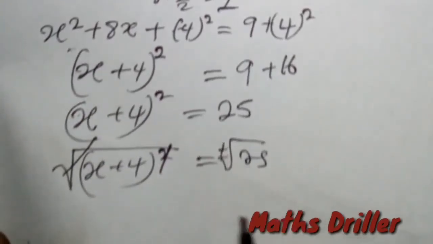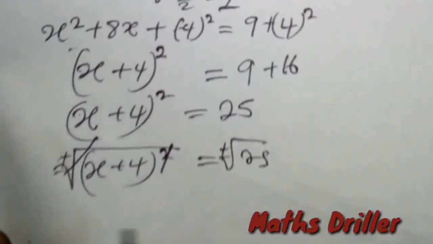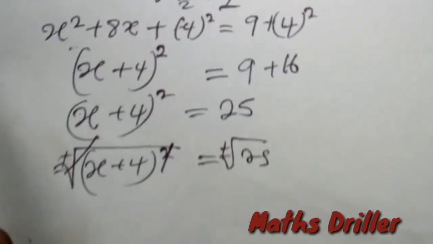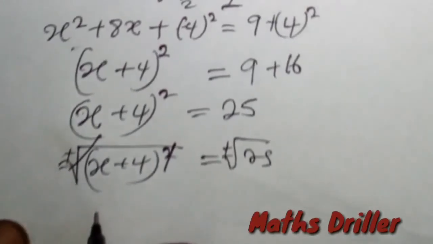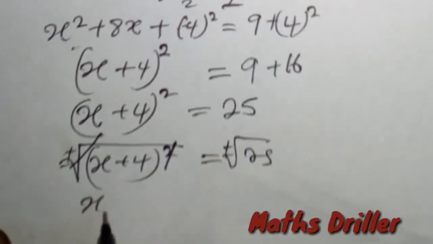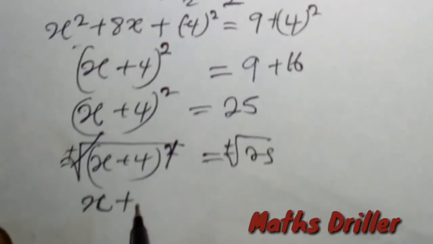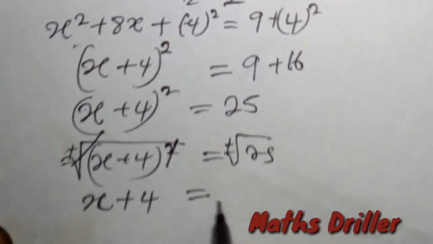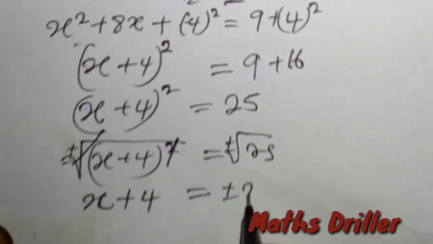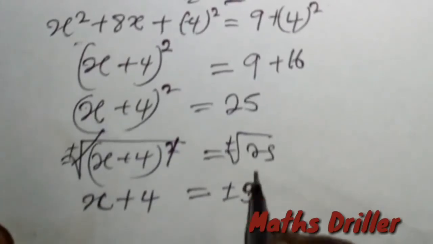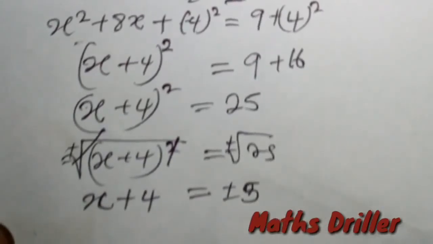Remember, we have plus or minus here because taking the square root of both sides goes with plus or minus. Therefore we can write x plus 4 is equal to plus or minus 5, because the square root of 25 is 5.